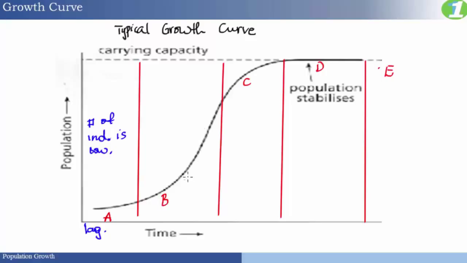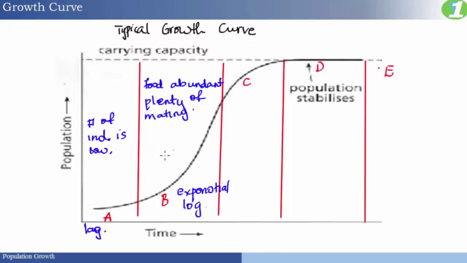Now, the population basically doubles each time, and there is a sharp or a steep increase occurring at B, which makes it the exponential phase or log phase, right? So it's called either one. And here, though the population is growing at this point in time, food is abundant, and there are plenty of individuals to mate with.